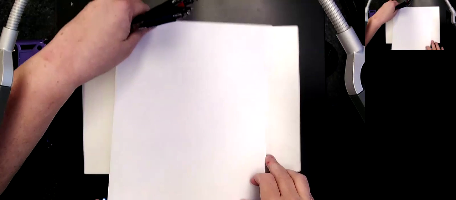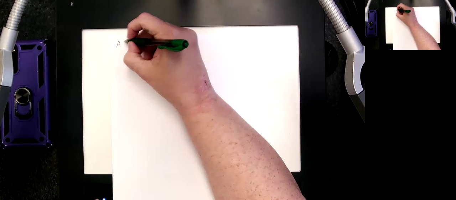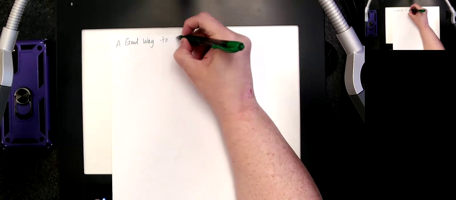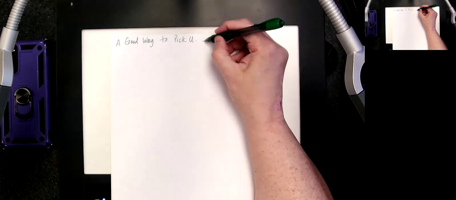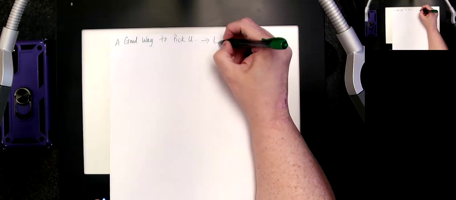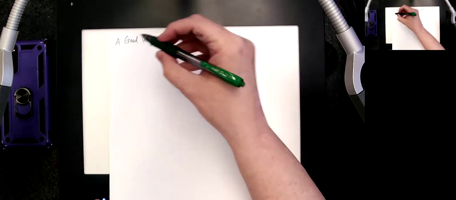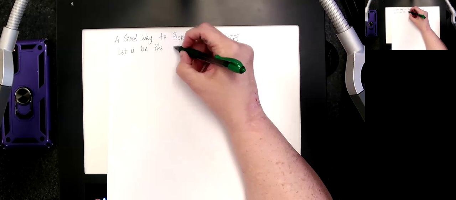Okay, so I said there was 3 viable options. A good way to pick u goes by LIATE. Let u be the first one on the LIATE list.